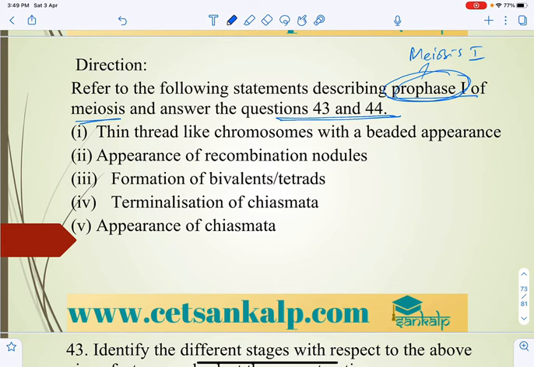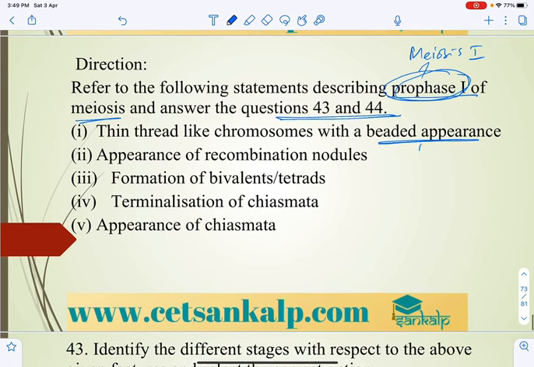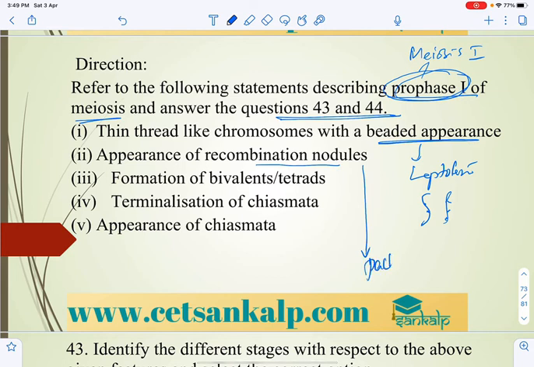Thin thread-like chromosomes with a beaded appearance take place in the leptotene stage. This is where the beaded appearance appears. The appearance of the recombination nodule, where the crossing over takes place, is in the pachytene stage.